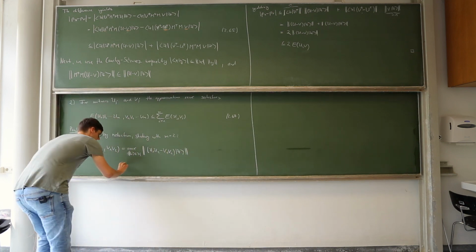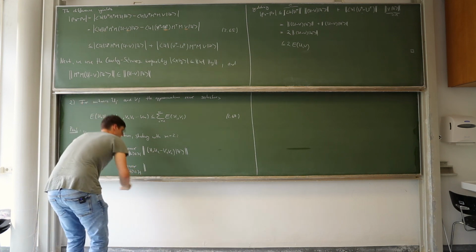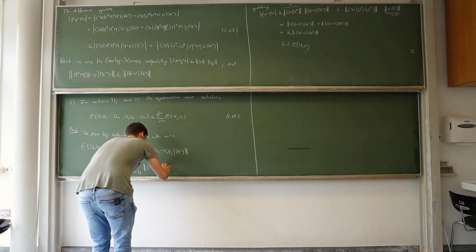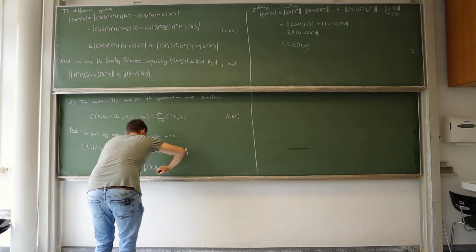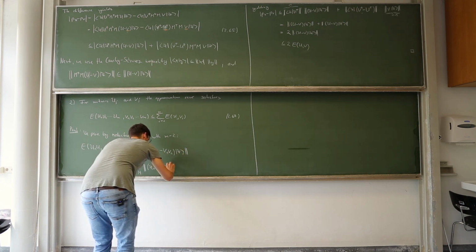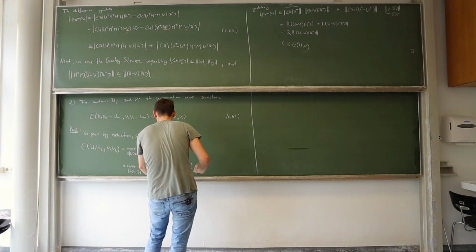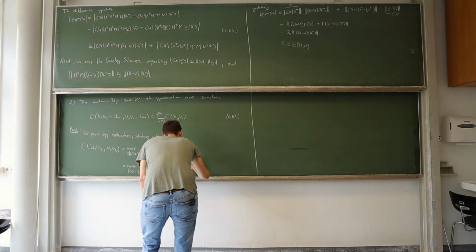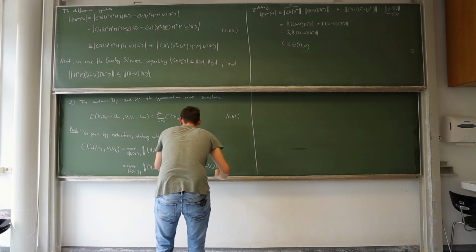Now let's rewrite this. So let's write this as U1, U2 minus V1, U2 psi plus V1, U2 minus V1, V2 psi.